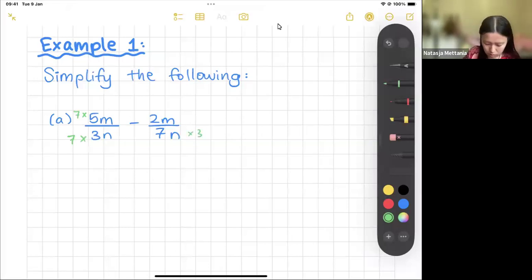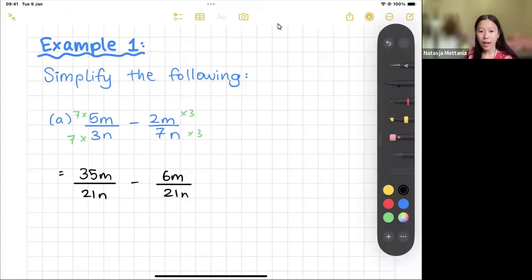What I do to the bottom, I do to the top. Okay, once we've done that, we're going to now just calculate it. So 7 times 5m is equal to 35m over 7 times 3n, 21n, minus 2m times 3, that's 6m, all over 7n times 3, which is 21n.